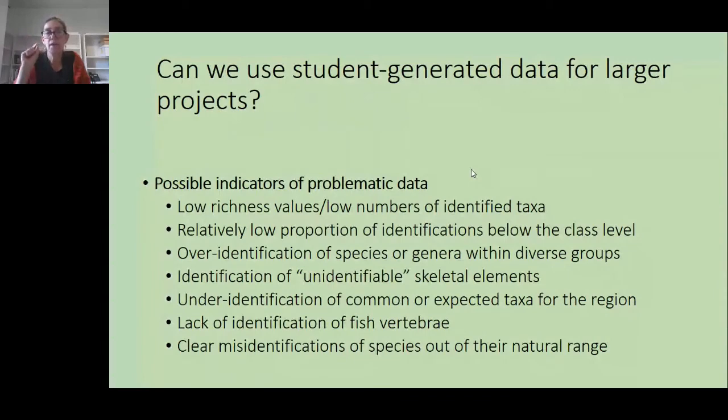And I think this is useful not just for student reports, but also for other kinds of reports. So we've got faunal reports that are going into ministry license reports, and if we don't have any information about how the analysis was done and who did the analysis, then examining the data set for this kind of indicators can help us get a sense as to whether or not these are data that we want to use in larger meta-analyses.